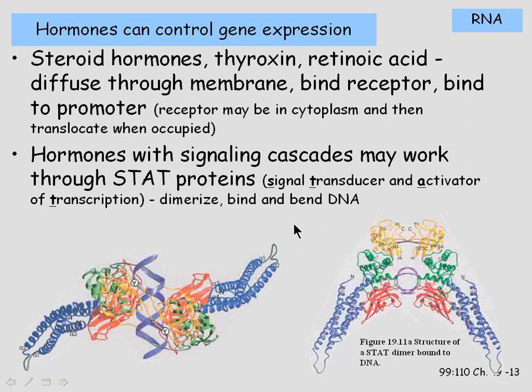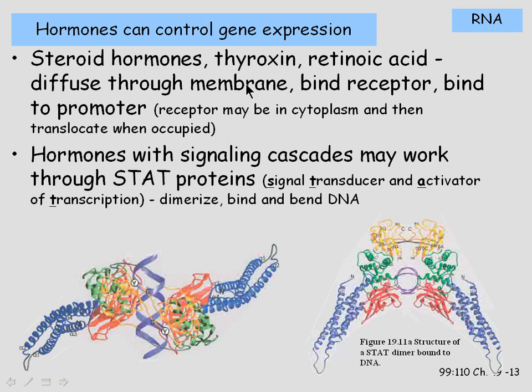And to look at some of those, steroid hormones would be things like estrogen, testosterone, cortisol, the mineralocorticoids, like the ones that are missing in Addison's disease, thyroxine, retinoic acid, which is a relative of vitamin A. All of these can diffuse through the membrane. They don't depend on a surface transmembrane receptor the way insulin, for example, does.